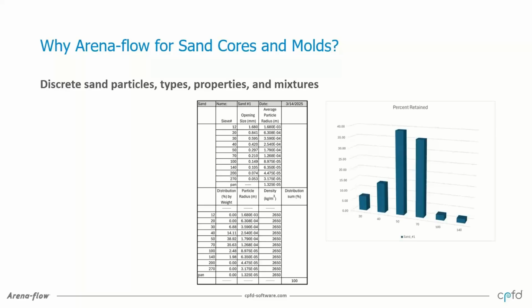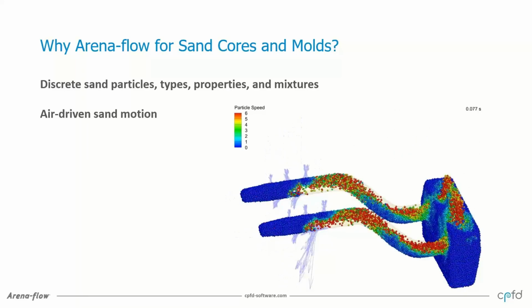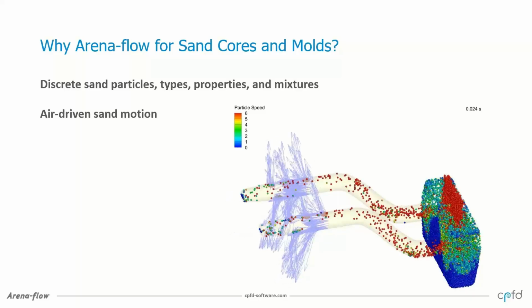Instead, these are discrete particles. Each one has its own size and other properties. So you can capture things like particle size distributions from a sieve analysis. You can have mixtures of sand, different densities of sand, and additive materials can all be captured natively in the ArenaFlow method.